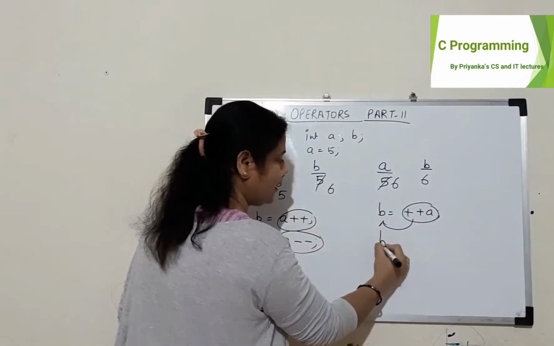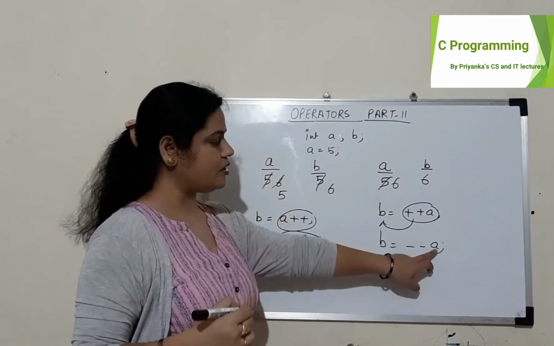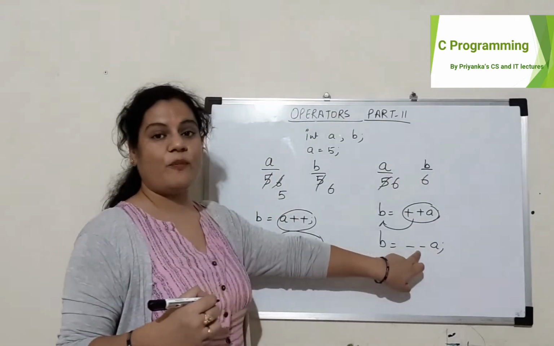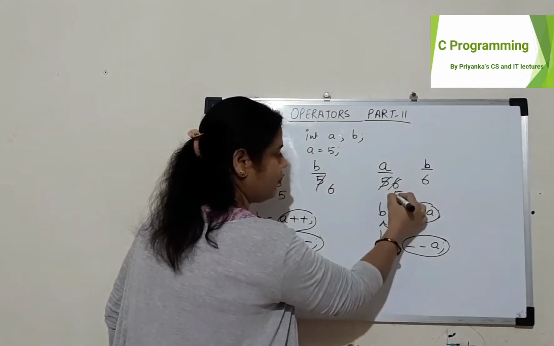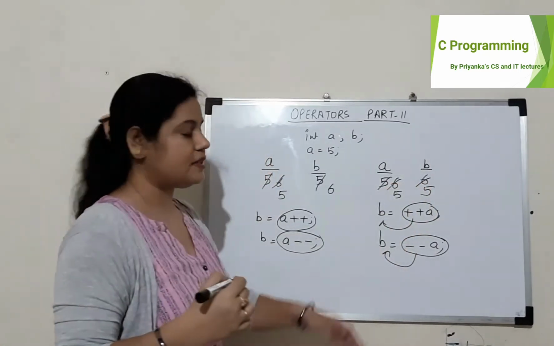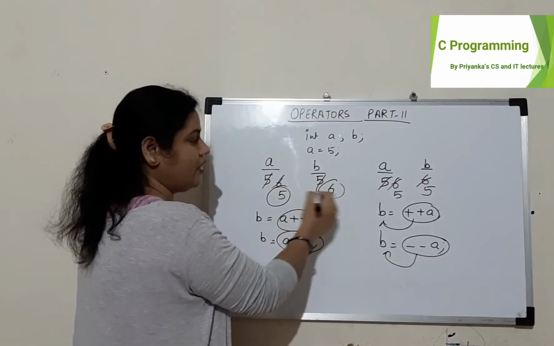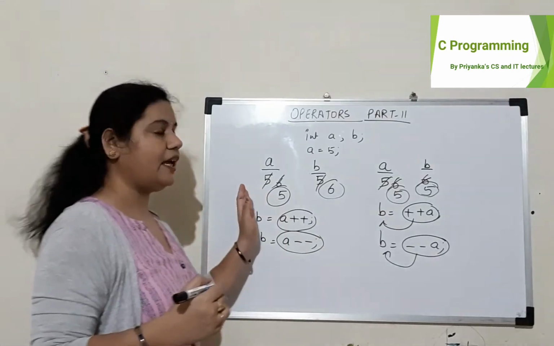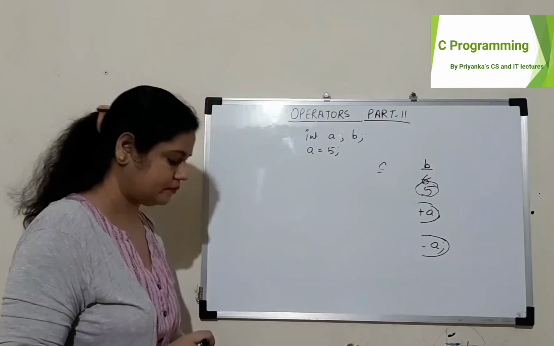And if I do b = --a, then of course it will first decrease its value by 1, to 5, then assign it into b. This is the main difference. Now the latest values of a and b are 5 and 6 in the post case, but here they are 5 and 5. This is the difference between pre-increment/decrement and post-increment/decrement.